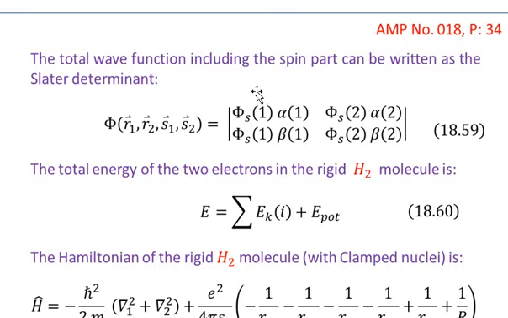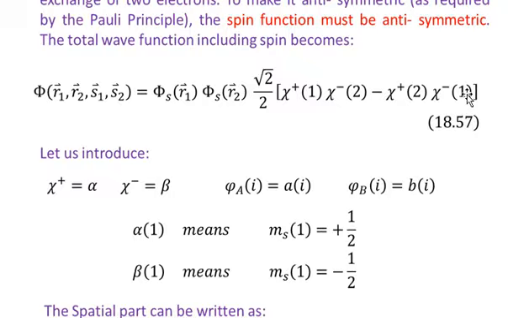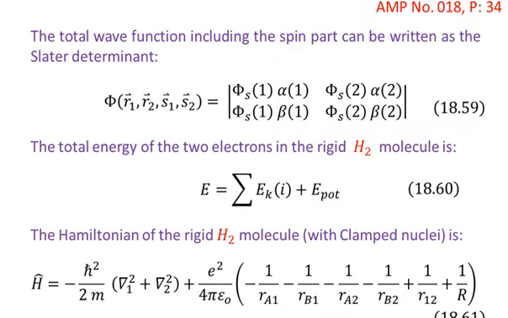So you see that if you consider column wise, phi S of 1 is present in the first column, and in the second column we have phi S of 2. If you expand this determinant, you will ultimately get the wave function that is shown in 18.57. With the introduction of these parameters, the simplified version of equation number 18.7 is given by the determinant shown as equation number 18.59.